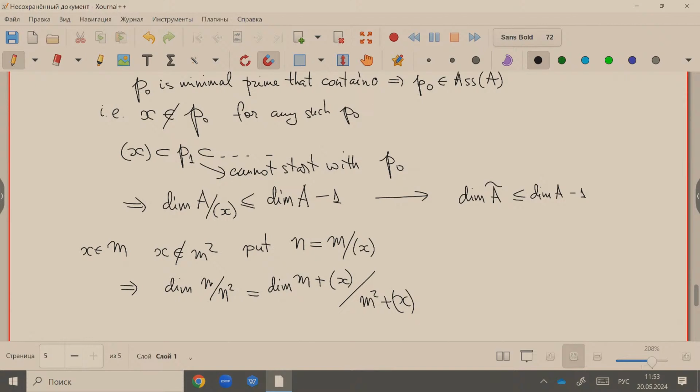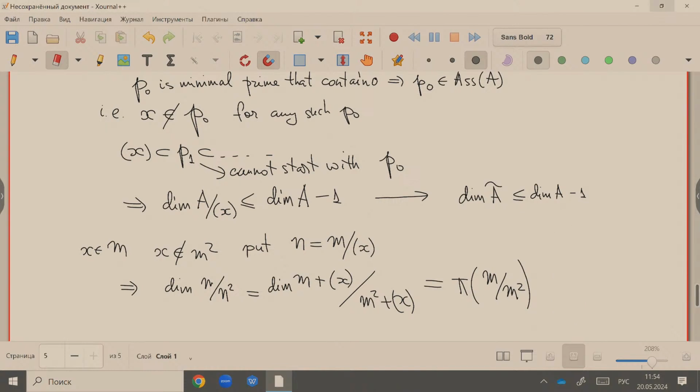This is the second theorem on homomorphisms, and this is just equal to M modulo M square modulo the image of the ideal generated by x, and this is just one element.